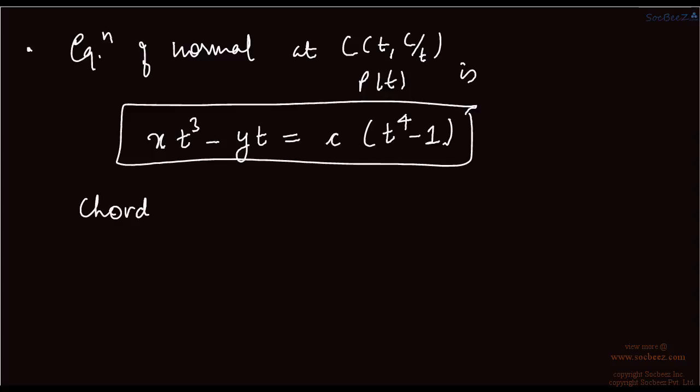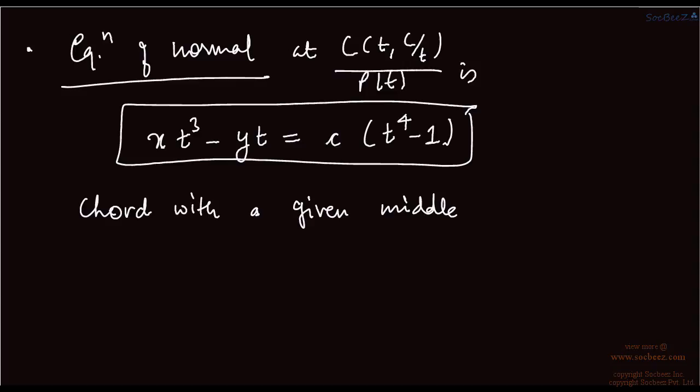Now, chord with a given middle point. These are the questions which are directly asked, so I am not giving any examples for this, because they'll just ask the equation of normal at this point. Now you have to use this formula only.